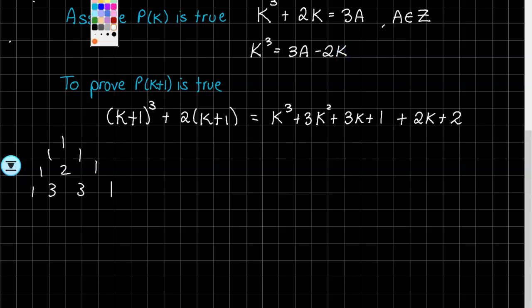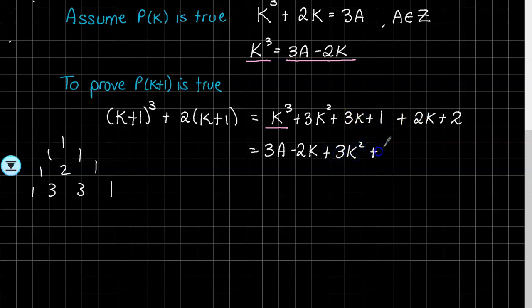So where that appears, I'm going to sub it in here. So I now have, instead of k cubed, I'm going to say that's 3a minus 2k, and then I've got all the rest. So 3k squared, 3k plus another 2k is 5k, 1 plus 2 is 3.